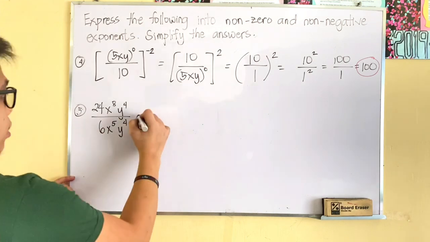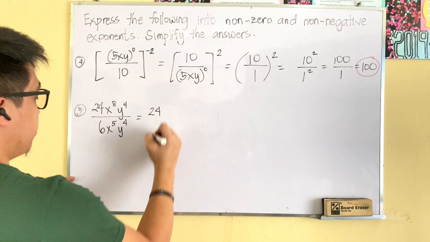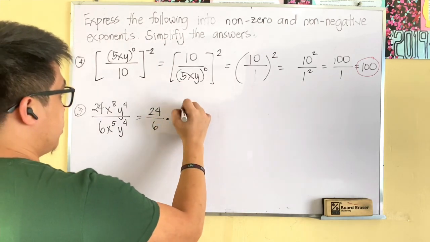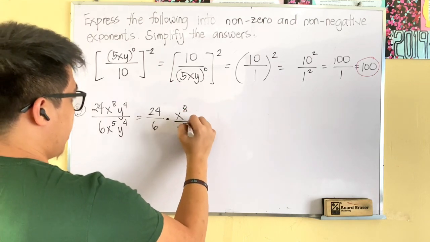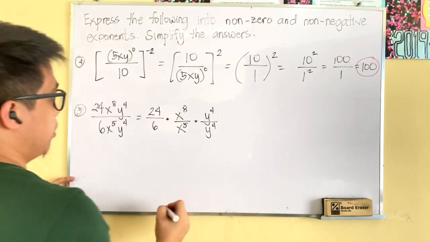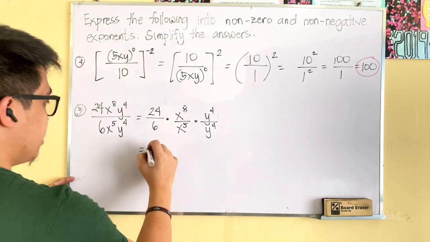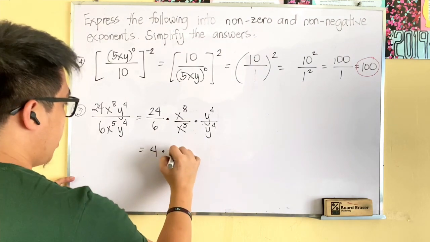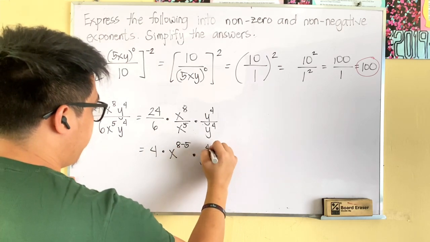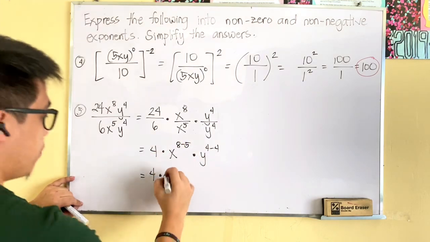Next, so gawin na lang ulit natin yung ginagawa natin kanina. So, paghimay-himayin natin, 24 over 6 times x raised to 8 over x raised to 5 times y raised to 4 over y raised to 4. By simplification, 24 divided by 6 is 4 times x raised to 8 minus 5 times y raised to 4 minus 4. 8 minus 5 is 3.